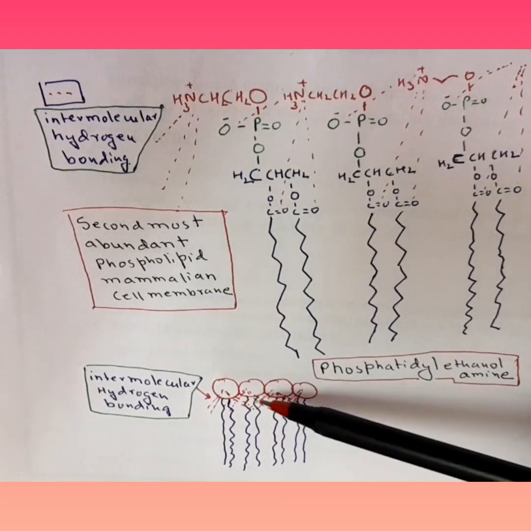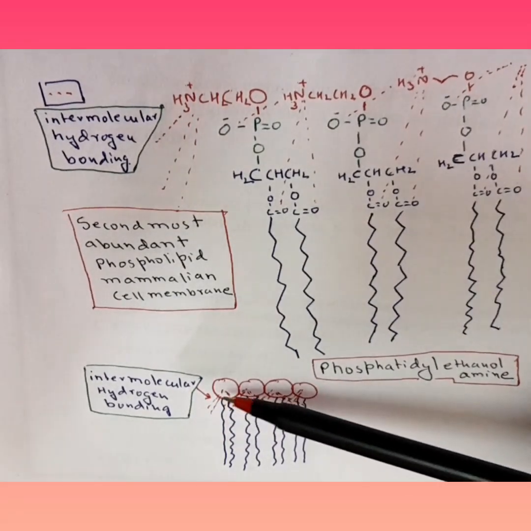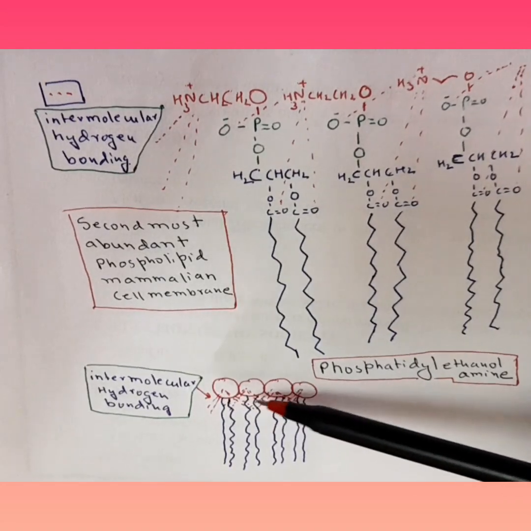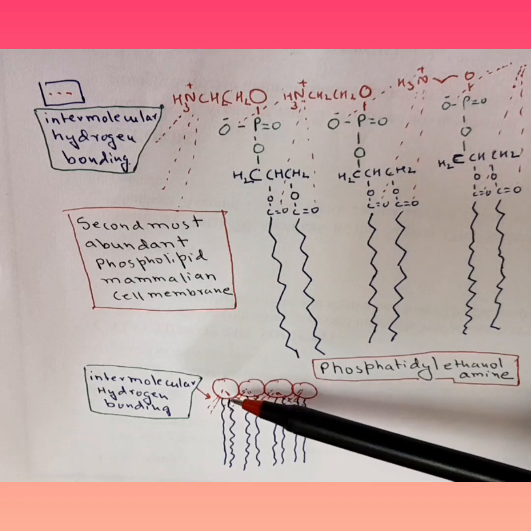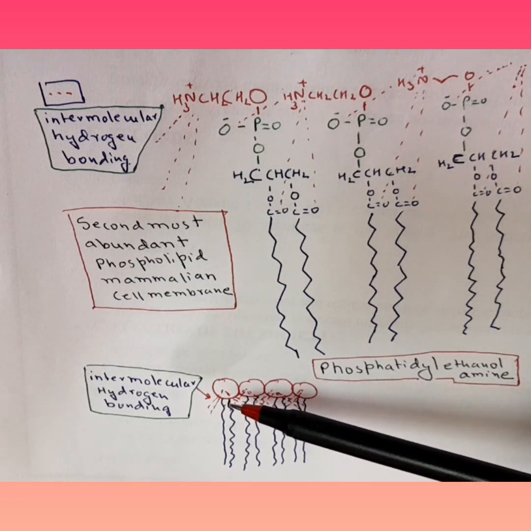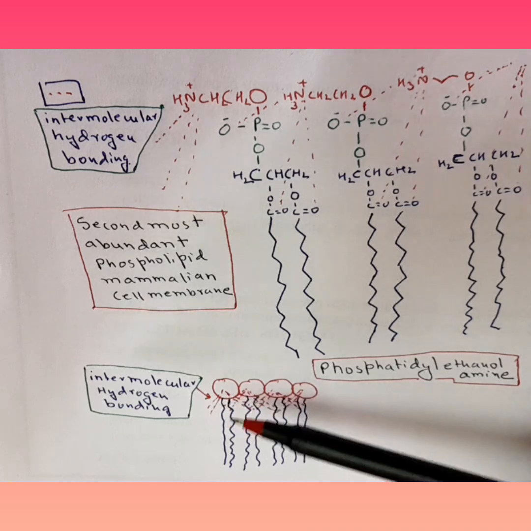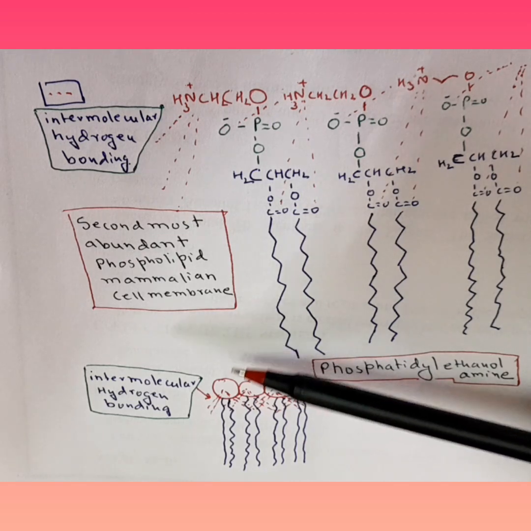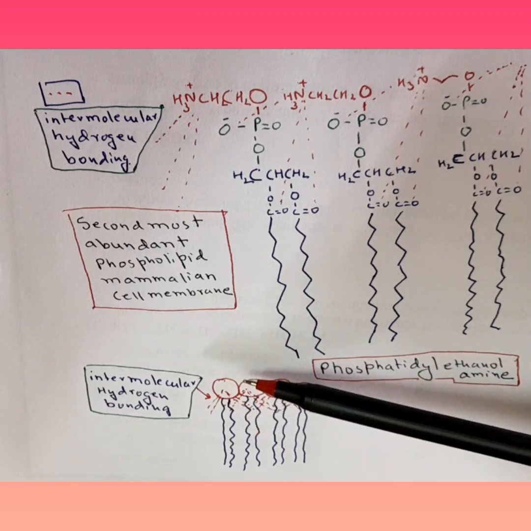Now this is what is responsible for keeping the membrane intact, cell membrane intact. And mind you, we say hydrogen bond is weak. Now this weak hydrogen bond does the job of keeping all the toxins out of the cell, and whatever desired material is to be taken in is taken in a proper fashion.